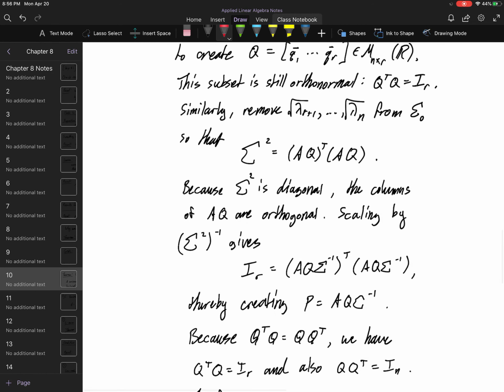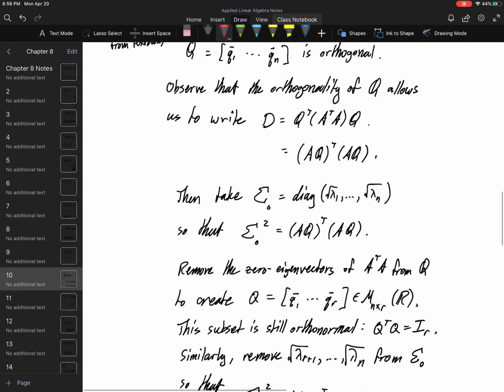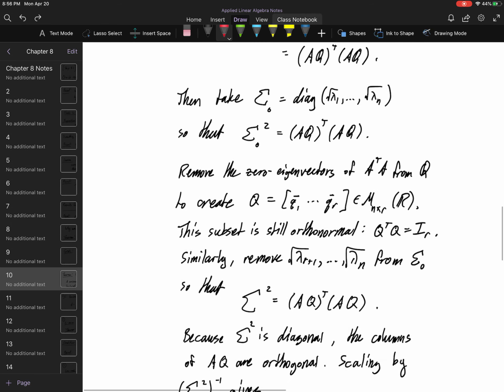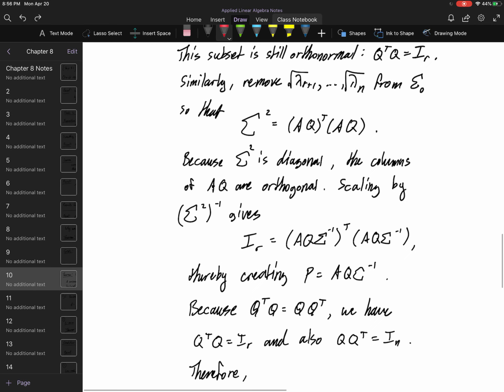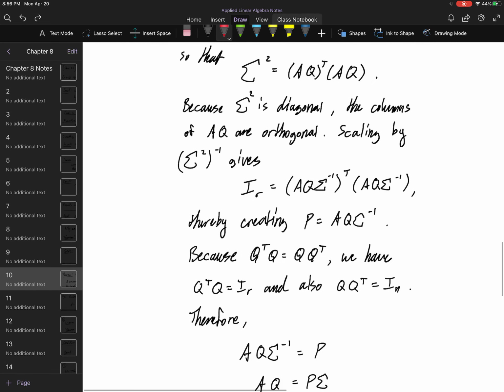So that sigma squared here, if I took away all the 0 eigenvalues, then I wind up with sigma squared equal to Q transpose A transpose A Q. Right, notice this is actually smaller, right? There are fewer vectors in this Q matrix as opposed to the one that I had upstairs. I am missing n minus r vectors from my null space.